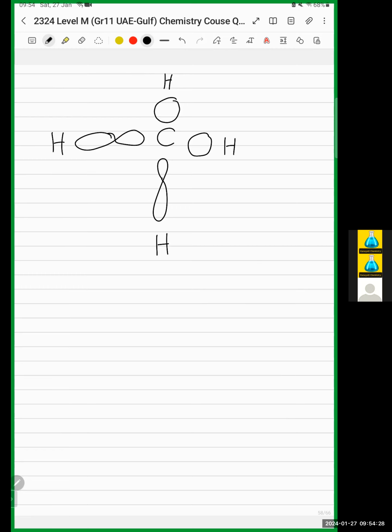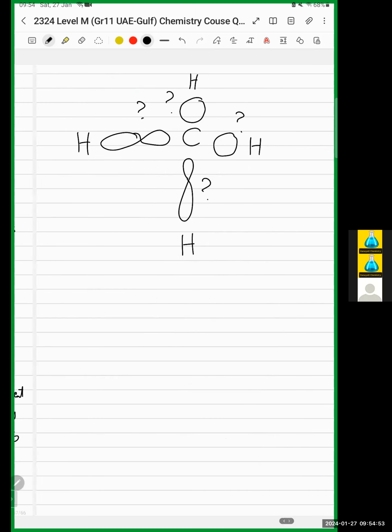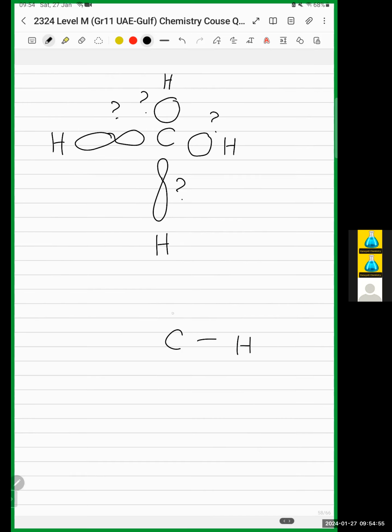These orbitals don't have the same shape and don't have the same energy, because we know the p orbital has higher energy than the s orbital, and we said we need 4 equal bonds. So how can we solve this issue? We need to make the 4 orbitals, which are 2p and 2s, have the same shape and the same energy. So finally, when you make bonds with the hydrogen, they will be equivalent bonds.